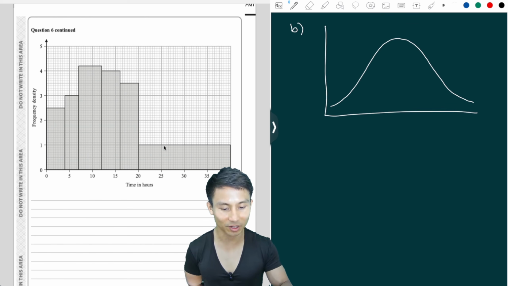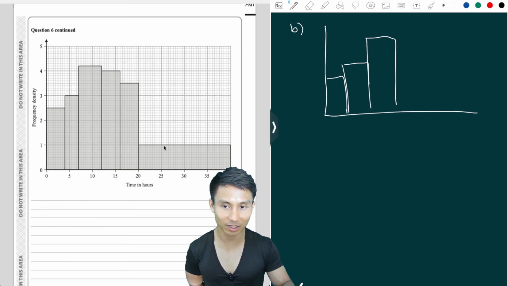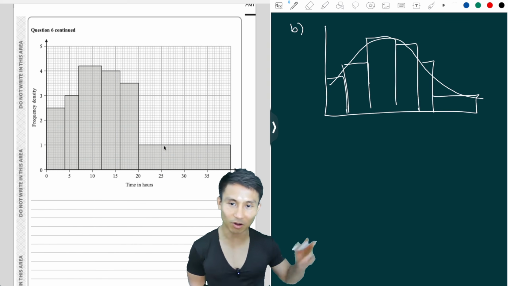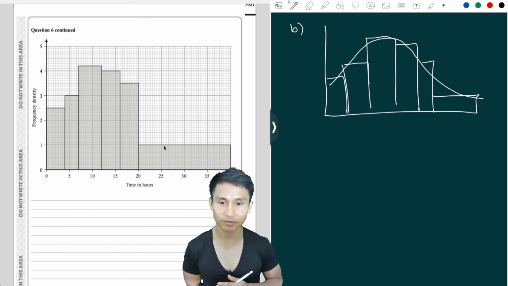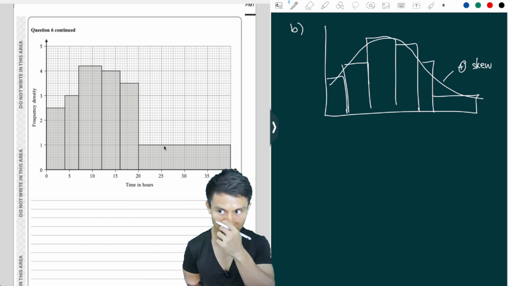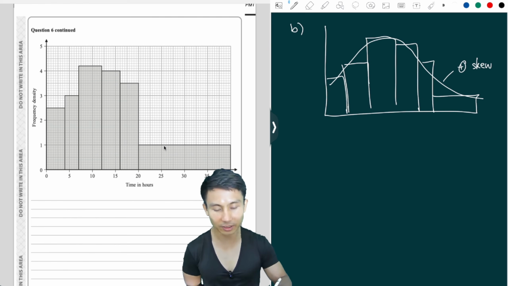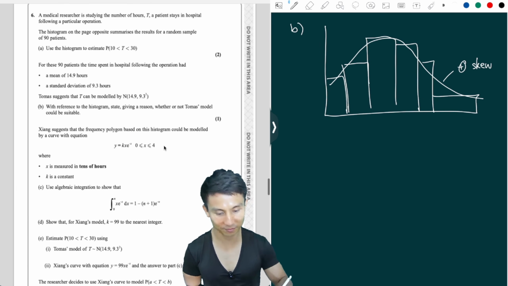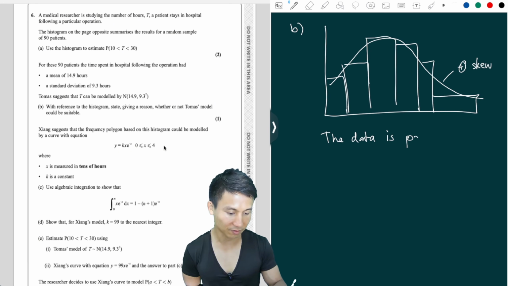Rather, what it's showing you is more like, if I redraw them quickly here, more like that. And this is actually positively skewed, right? Positive skewness. So having looked at the histogram, we say that the data is positively skewed.